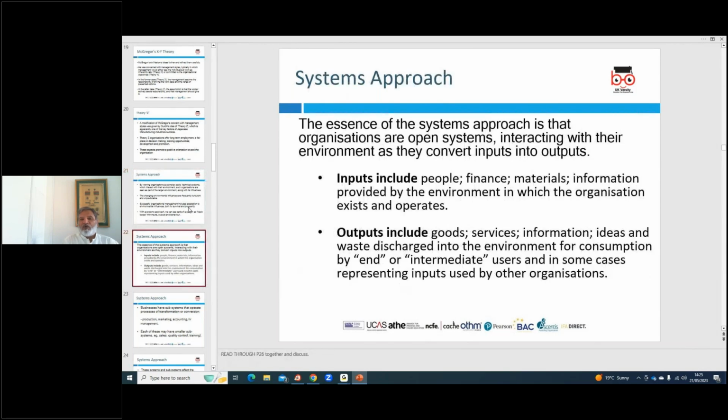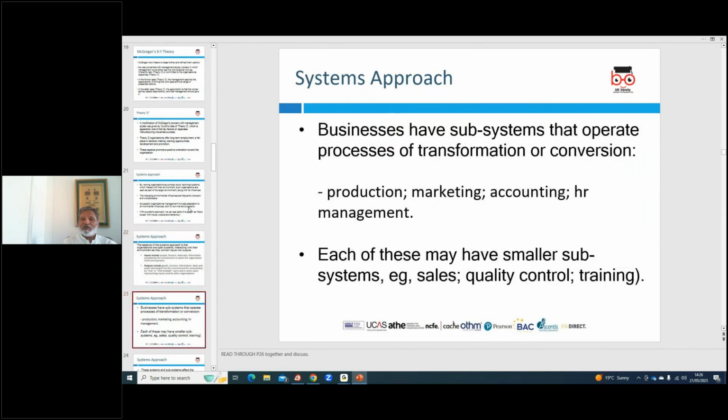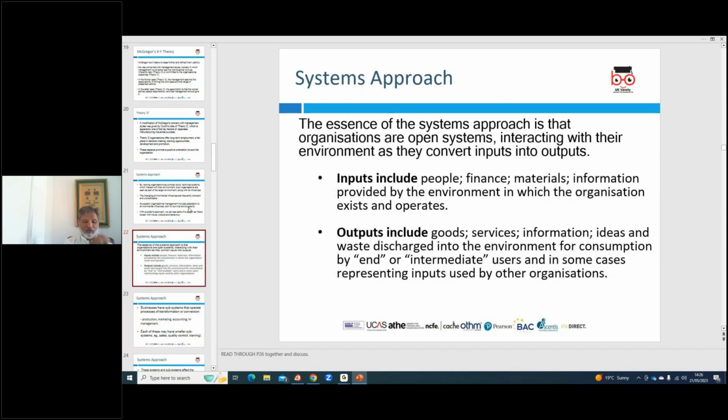Input boxes included materials, people and finances, the resources that go into making some kind of production unit or services, and you process them using people and different approaches and resources, and they become goods and services as output or the end results, used by end users.